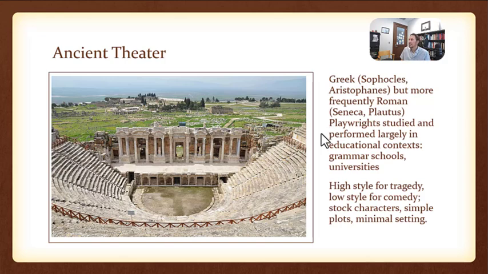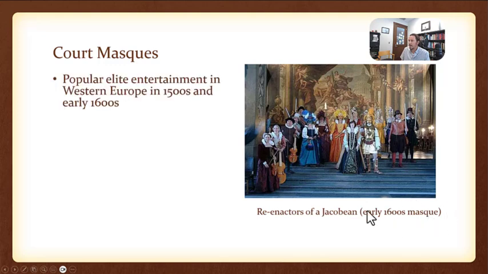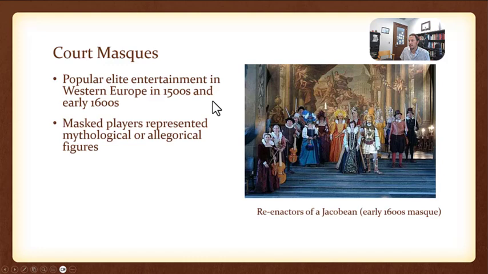Another form of elite entertainment, and again, this is a different kind of elite than the cultural or educational elite that knew Greek and Latin, were court masques. Court masques are really interesting. Here we see reenactors of a Jacobean early 1600s masque. But masques were super popular elite entertainments in Western Europe in the 1500s and the early 1600s.